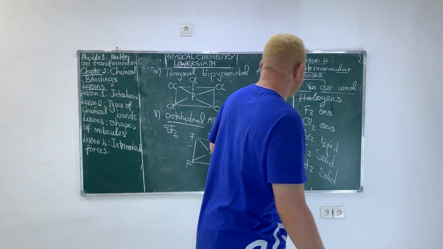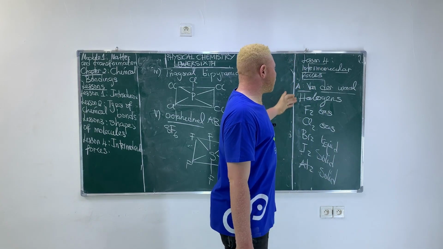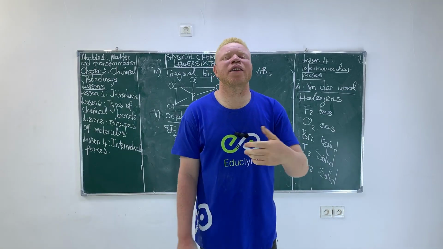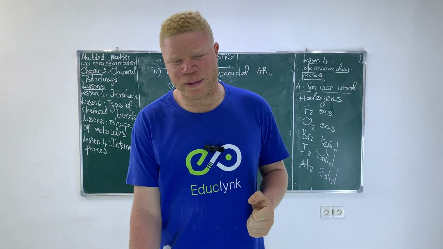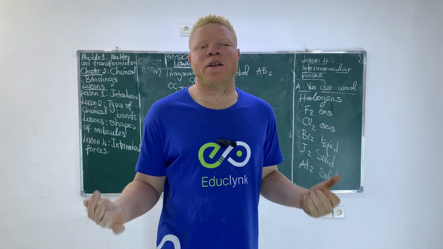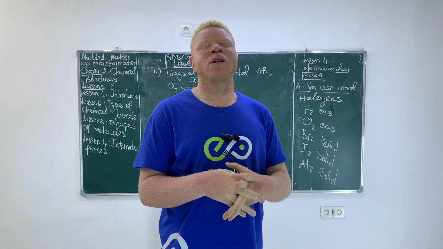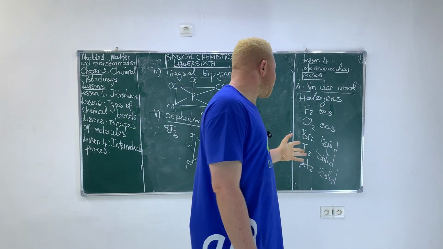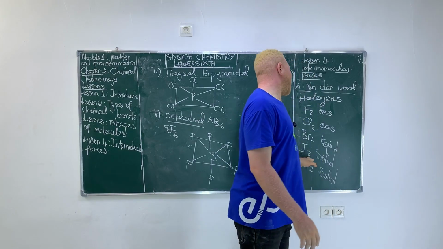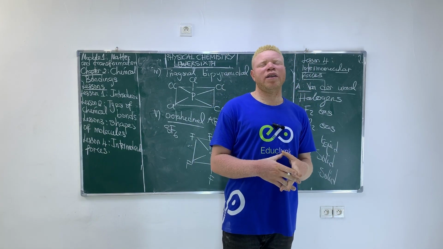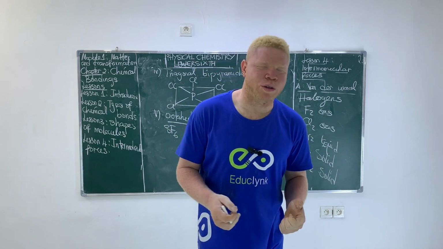What actually leads to a variation in this physical state is the van der Waals force, which increases as the molar mass increases. The larger the molar mass, the stronger the van der Waals force, and the molecule will have a solid physical state. Like the case of iodine and astatine, the molar mass is larger. That is why they are solid at room temperature.